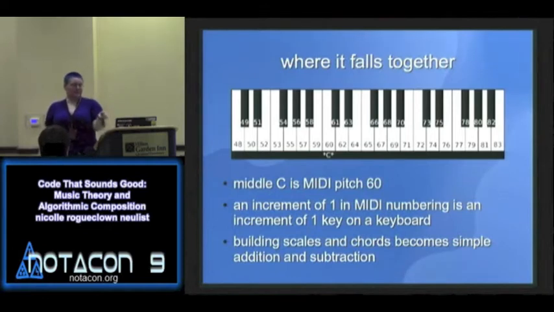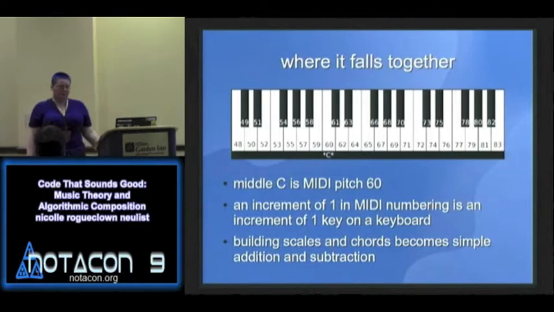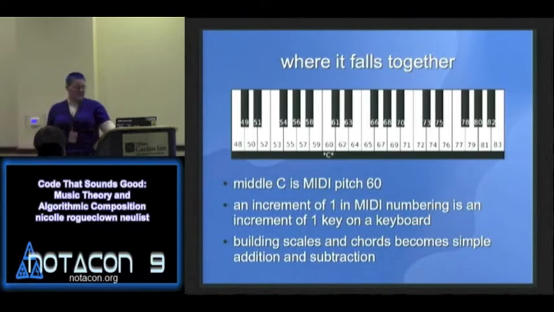And plus 2, plus 2, plus 1, plus 2, plus 2, plus 2, plus 1. You add or subtract that, you can move that anywhere around the keyboard. So basically, even if you can't read music, even if you listen to a note and you don't know that it's necessarily C from a hole in the ground, building chords and scales becomes addition and subtraction, which is nice.